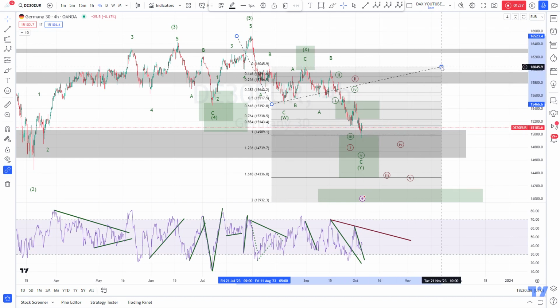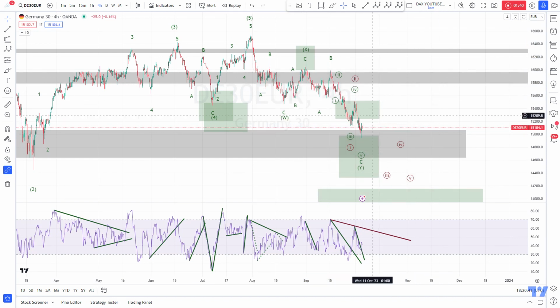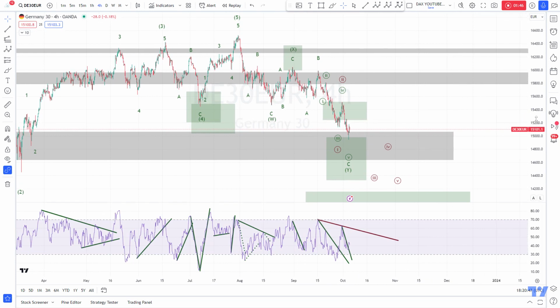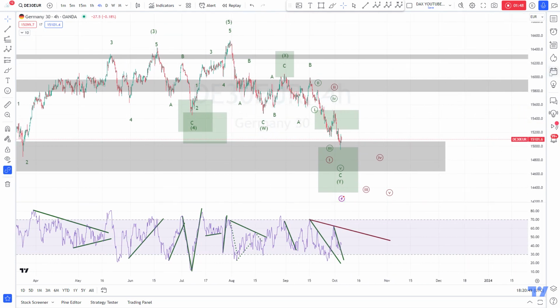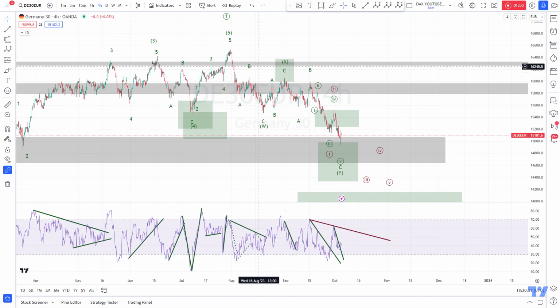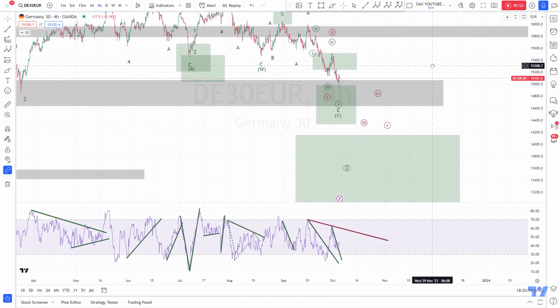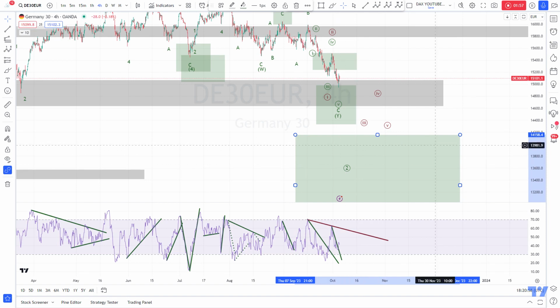So for now, this is only a small reaction. We have to see if this level here holds. Because first of all, I'm expecting this to be a wave 2 correction. And as you can see, we are not close at all to the wave 2 area. We still have some distance to travel.